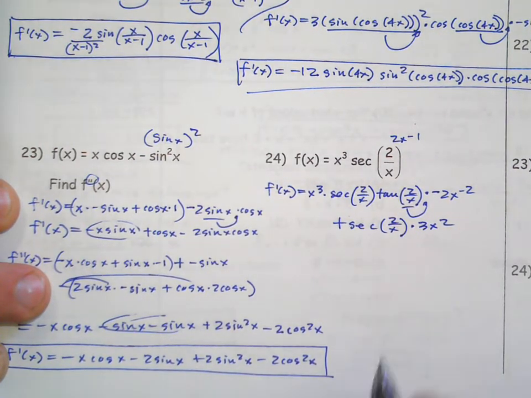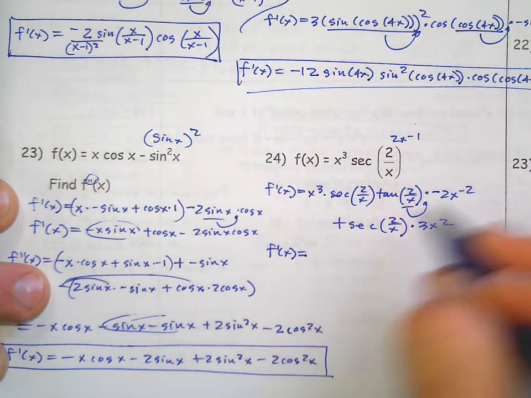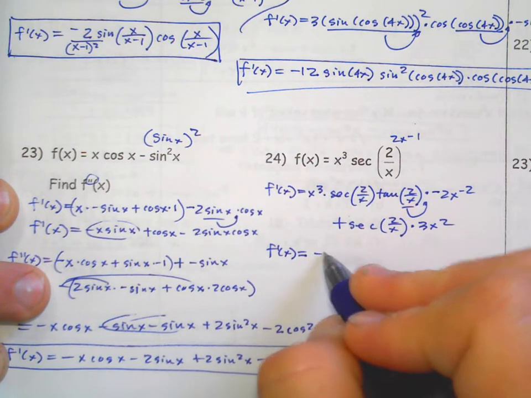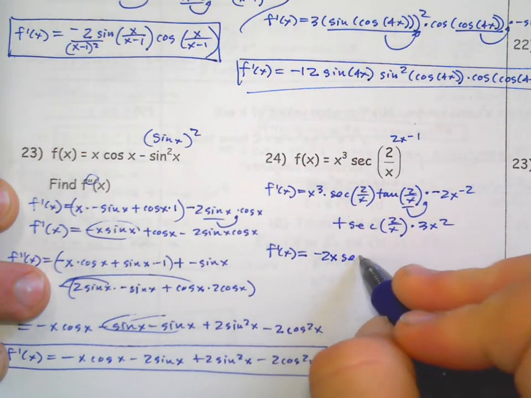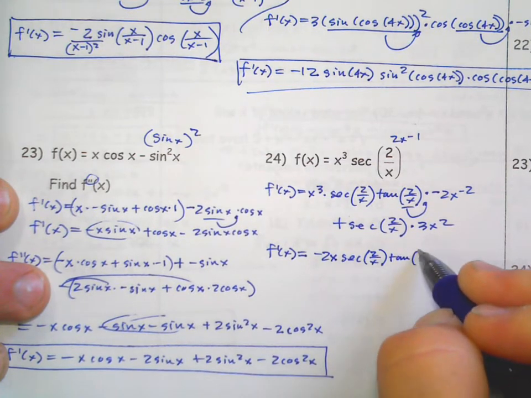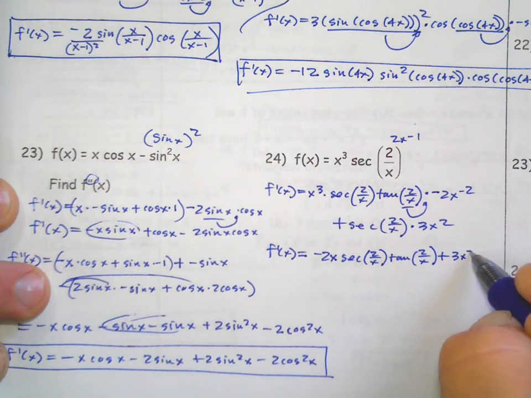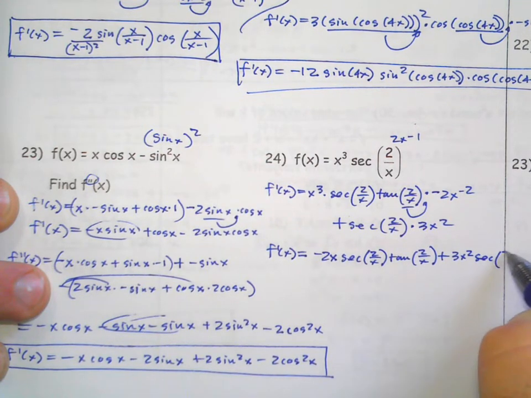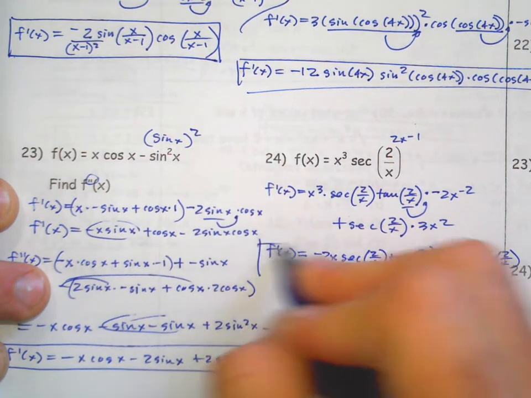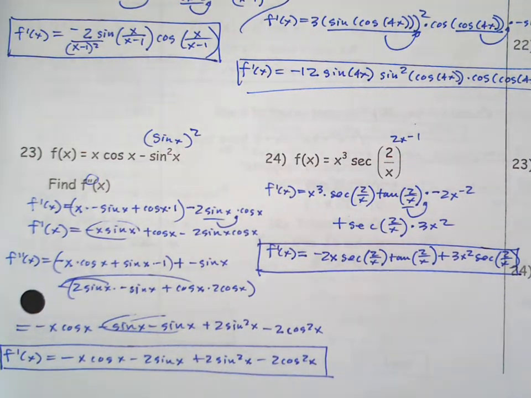Okay, so now we're going to try and clean this up. This is going to be negative 2x secant, tan, plus 3x squared secant. Okay, that's it.